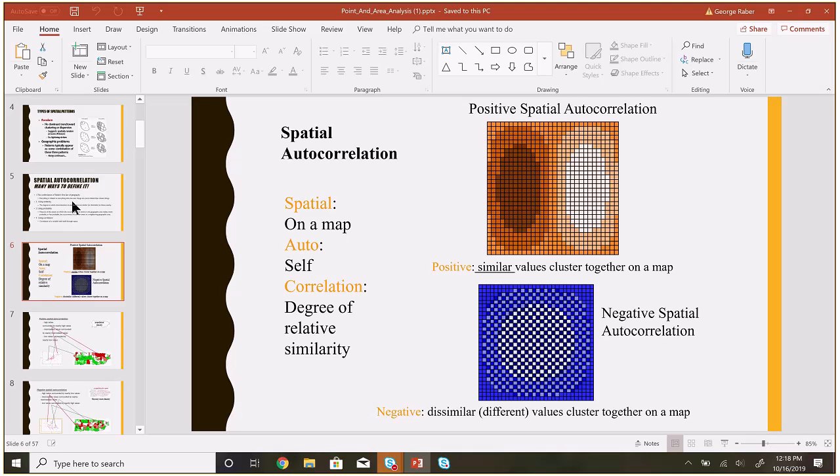You've seen these kinds of graphs before. Here we've got positive spatial autocorrelation: similar values are clustered together. Negative spatial autocorrelation means that values are patterned and not clustered close together. They're evenly dispersed on the landscape in a pattern.